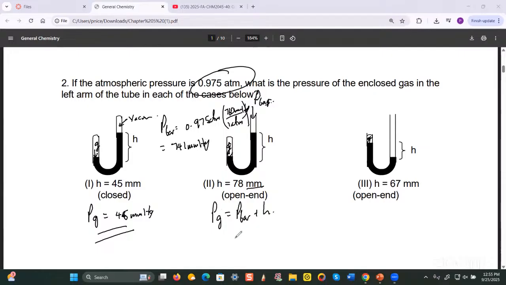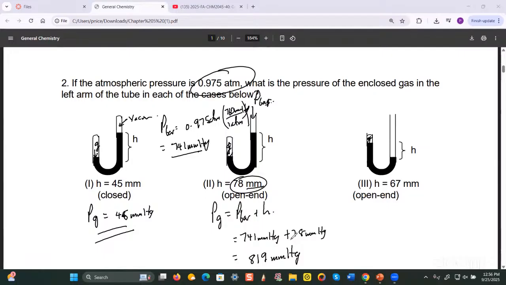So to calculate the pressure of the gas here, that will be equal to the barometric pressure that we just converted to millimeters mercury, plus the height difference, which is 78 millimeters mercury. So 741 plus 78 works out to be 819 millimeters mercury. And that's how we do that. Any questions about this one?